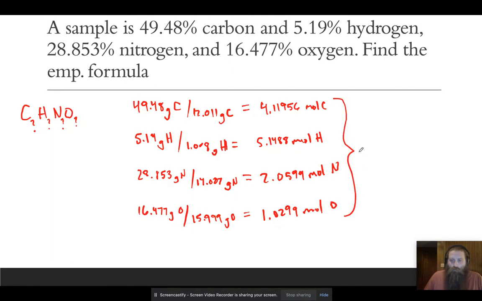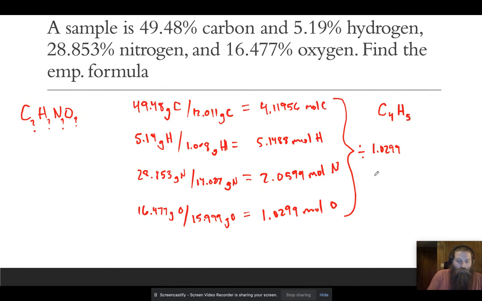Our fifth step is always to divide by the smallest number. So in this case, 1.0299 is going to be the smallest number. And let's see what we get. For carbon, we have 4.00000, so 4. For hydrogen, we have 4.99999, so that's going to be 5.